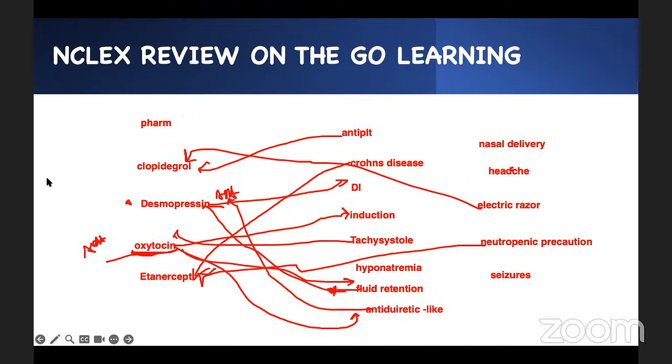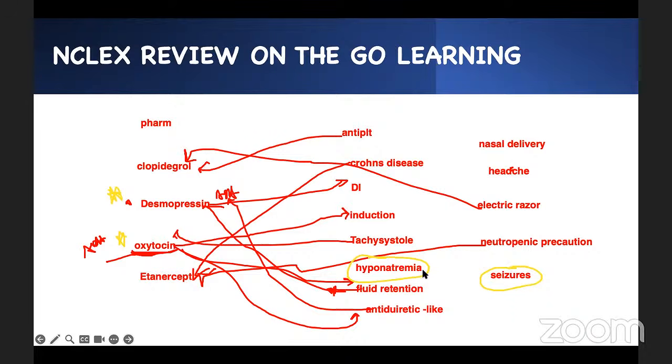But let's do the hyponatremia. Its concept, look at it. If you're retaining fluid, your sodium is going to go down. Therefore, Pitocin and desmopressin can cause fluid retention, and therefore they will cause hyponatremia. Now, seizures are because of hyponatremia.